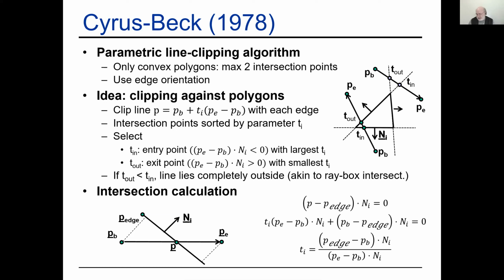And again, in this case, you don't have to test whether these ti's are between 0 and 1, because all of that is being taken care of with the min-max test that you're doing inside here. If they are not between 0 and 1, then this case here where the t out is before the t in would actually trigger. You can easily prove that.